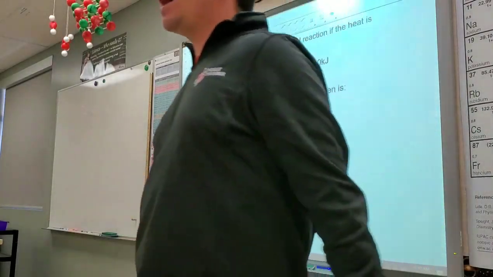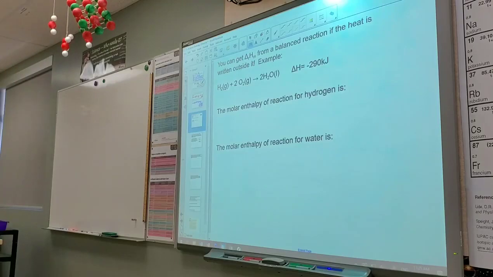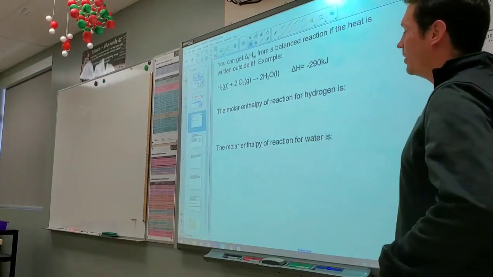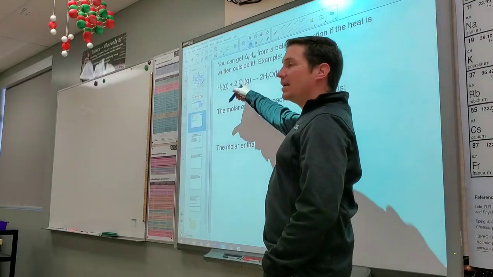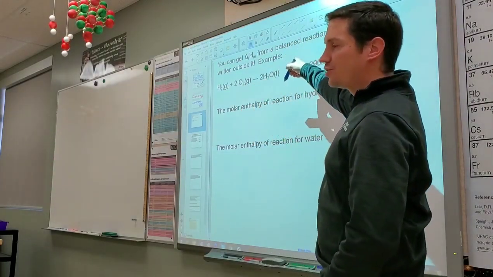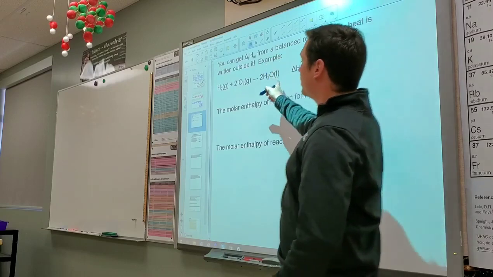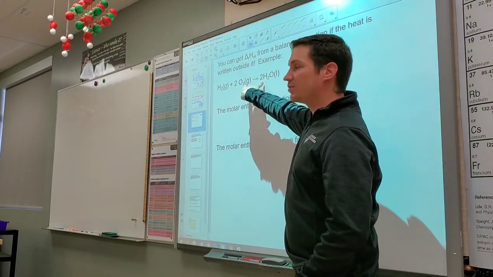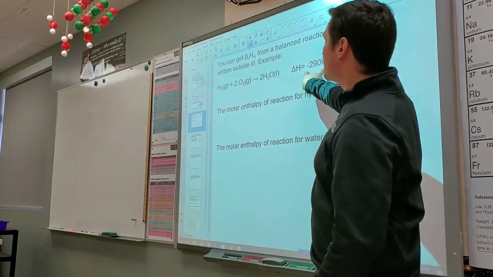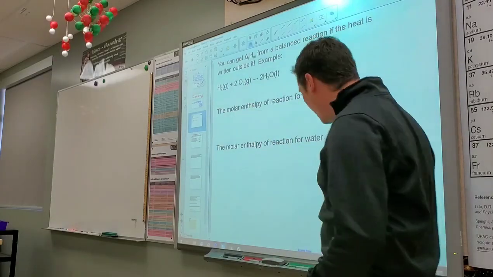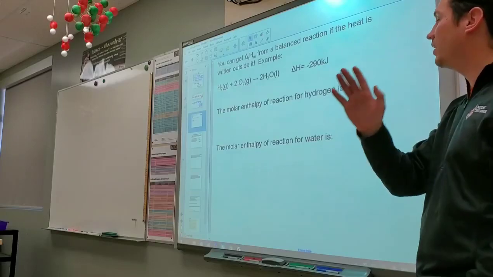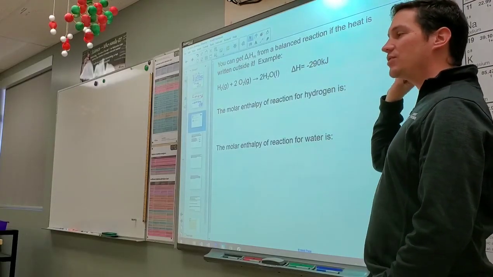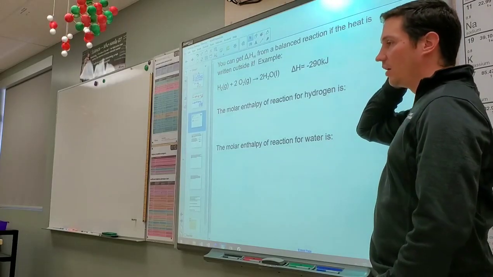A lot of the time, and I would propose that the majority of the time, you are going to see a reaction. According to this reaction, the way it's written out specifically here, this is the enthalpy of this reaction. So what I want to ask you, just really quickly, is this reaction releasing energy or absorbing energy?